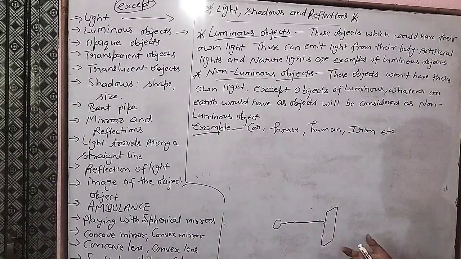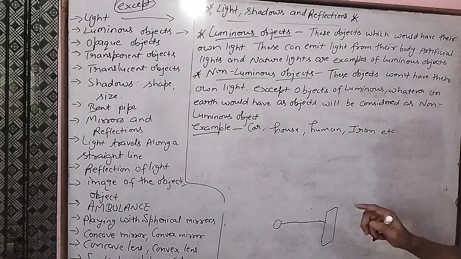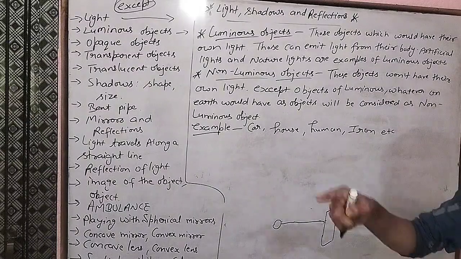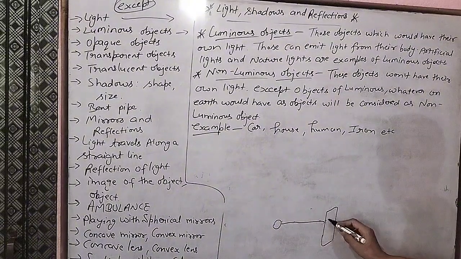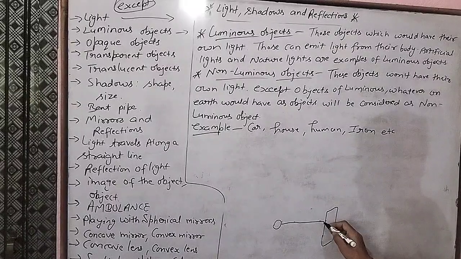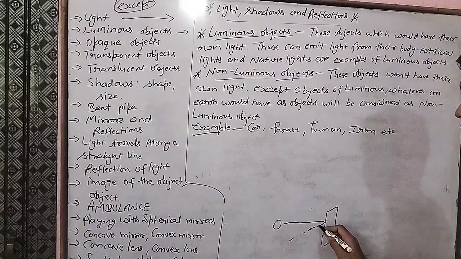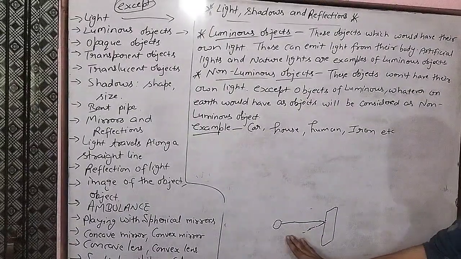So it is describing that your object is an opaque object. That's why an opaque object is that which doesn't allow light to pass, to block the light. Clear? This light will not cross through this object. This light will turn into another direction. That is a reflection of light.